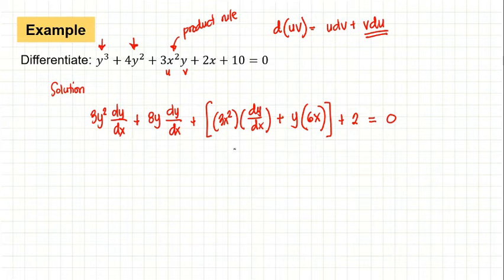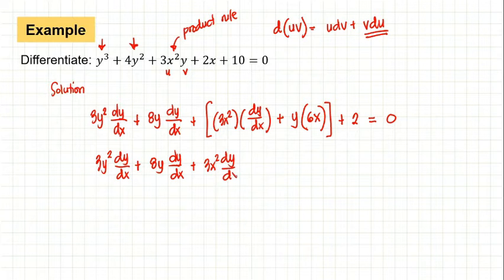Okay, then let's simplify. We will have 3y squared dy over dx plus 8y dy over dx plus, let's multiply these terms here. So we have 3x squared dy over dx plus we have 6xy plus 2 equal to 0. So we have that one.